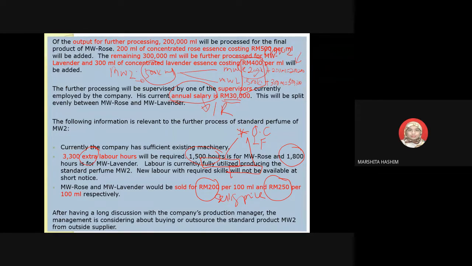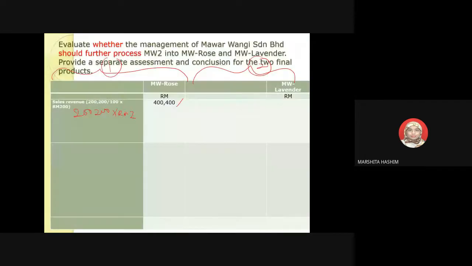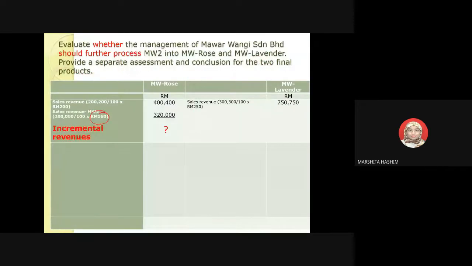So actually, how much revenue from MW2? Okay, we compare. If you sell at current state, your sales revenue is actually 320,000. 200,000 ml for MW Rose, MW2 you sell at 160 per 100 ml. So total is actually 320. So how much incremental revenue? You compare these two values.